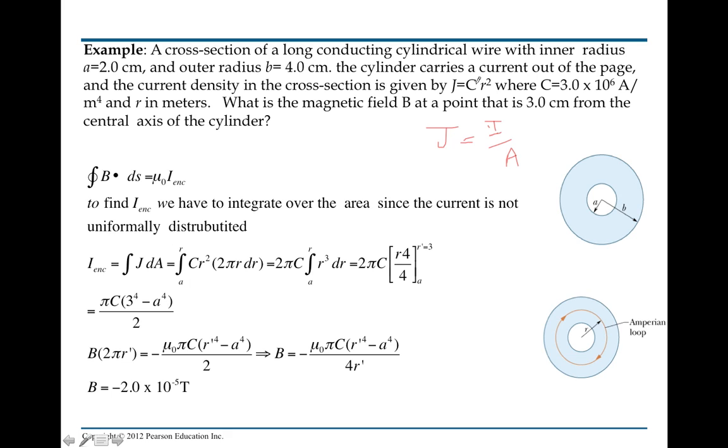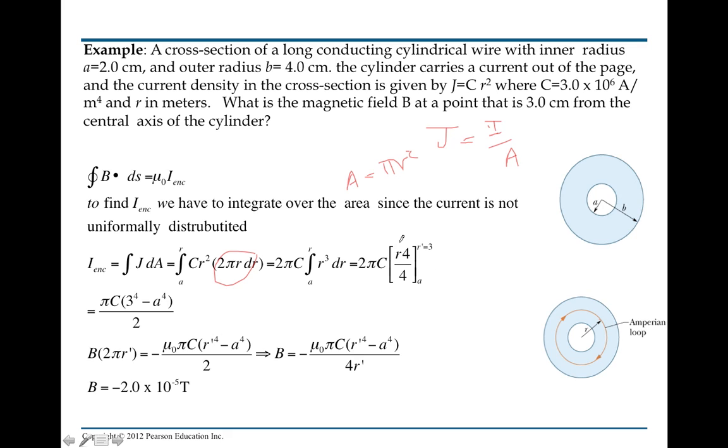J is given by C R squared, and C is some constant. And dA, remember A is equal to pi R squared, so dA is equal to pi times 2R dr. So simply dA is equal to 2 pi R dr, and if I put that in here, then I have R cubed dr integrated from a to R, from this point here to that point there.